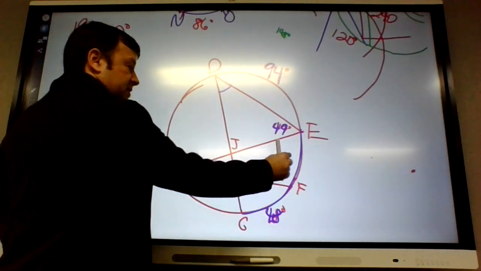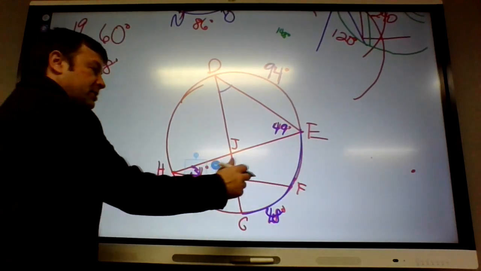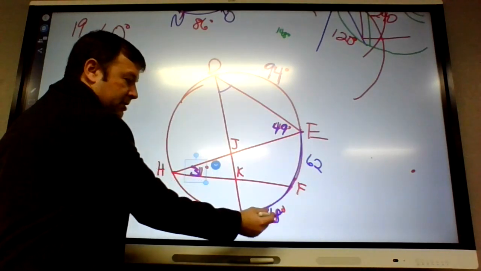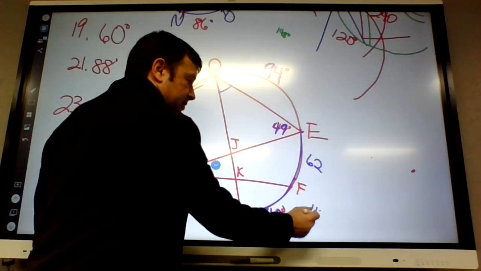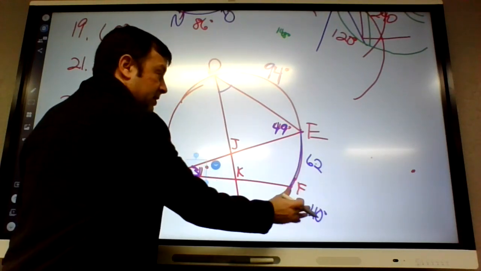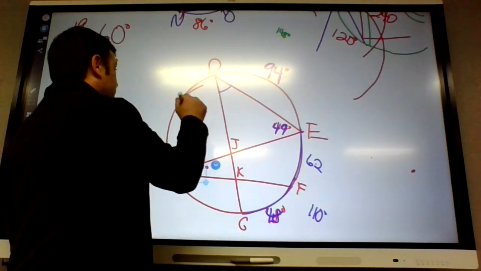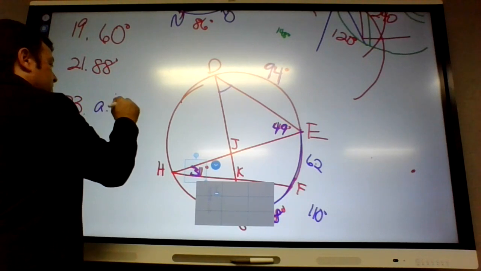This angle hits this arc, so EF would be twice 31, so 62. So arc EG, you add this together, is 110. So angle D is half of that, 55.